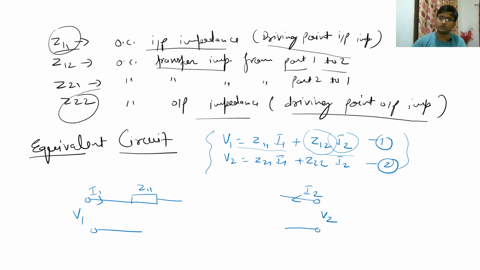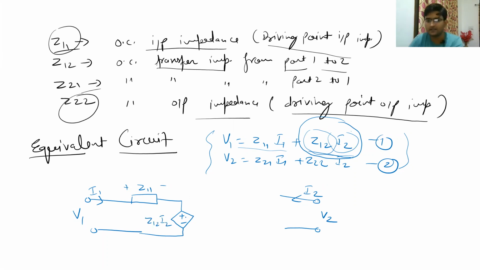So what we are going to do is assume this as a dependent source which depends on the output current. Since this current is entering here, the drop will be like this. And since we are adding this dependent source Z12 into I2, its positive sign will be here, and then we will write it as Z12 I2.